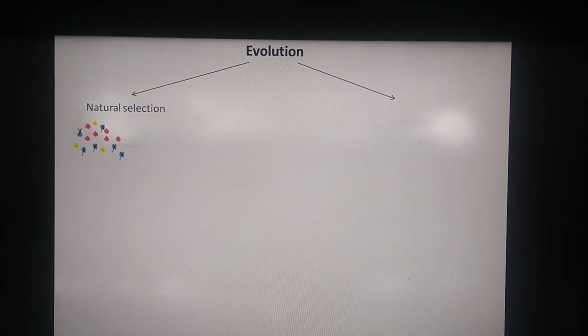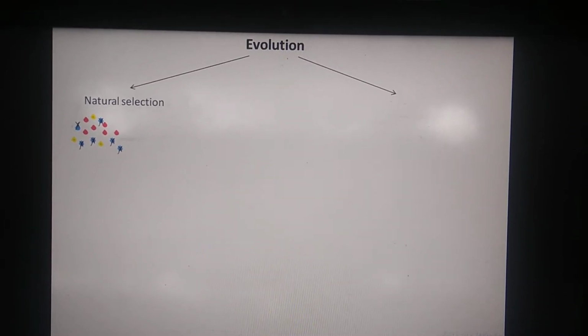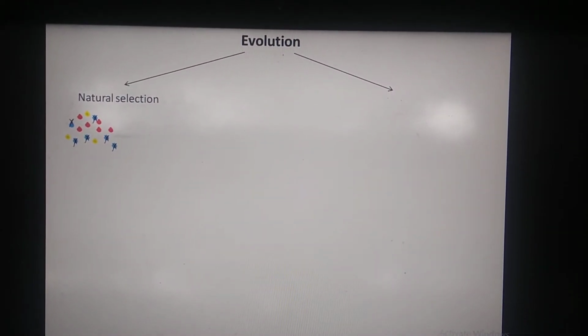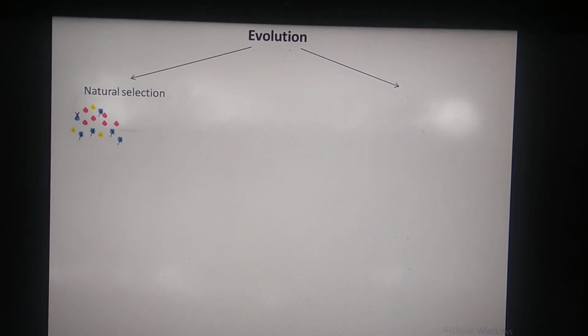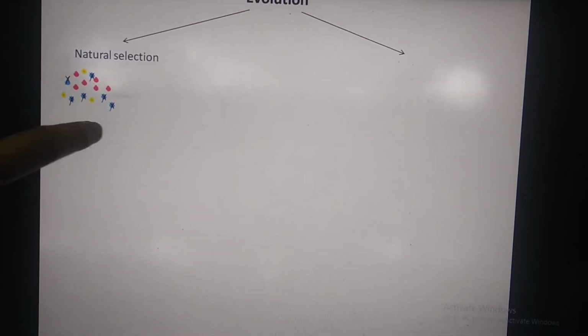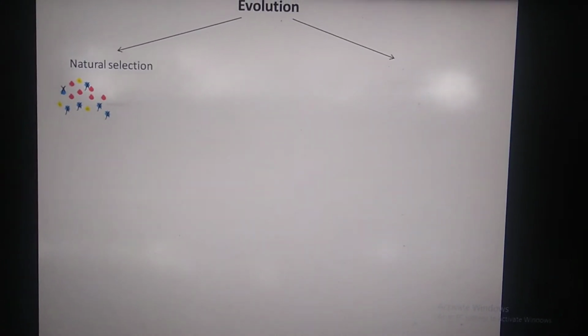Suppose this is a mixed population where different traits are there, like red is one trait, blue is one trait, and yellow is another trait.